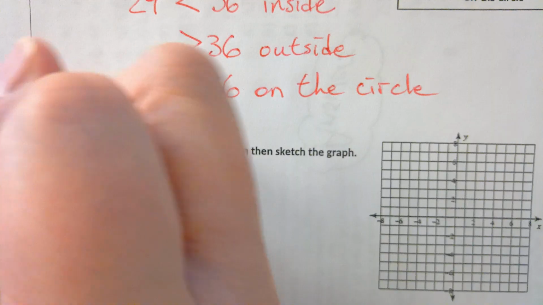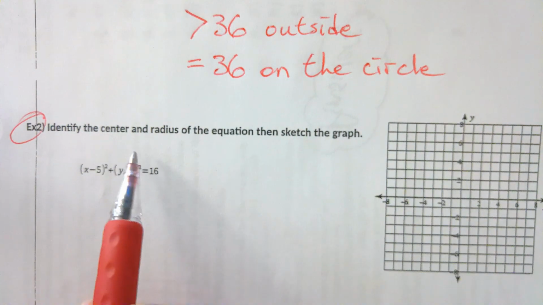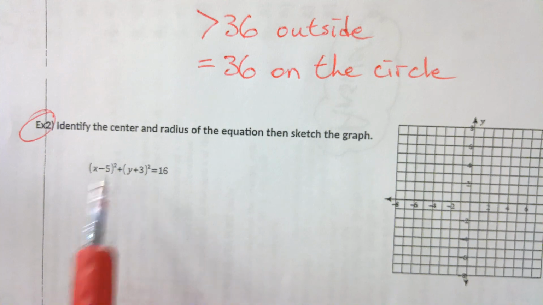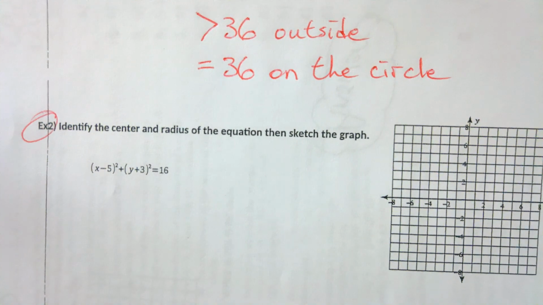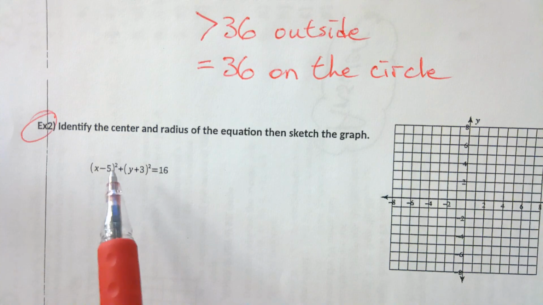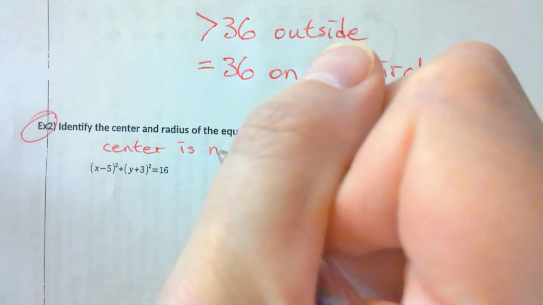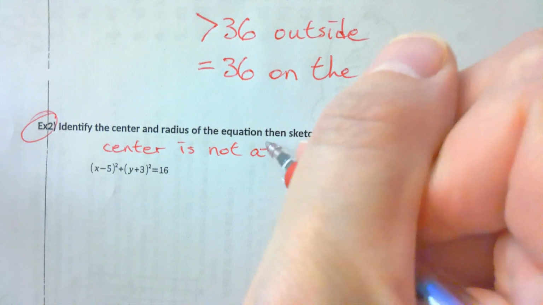All right. This part right here, it's x minus 5 and x plus 3. This is when the center is not at the origin.